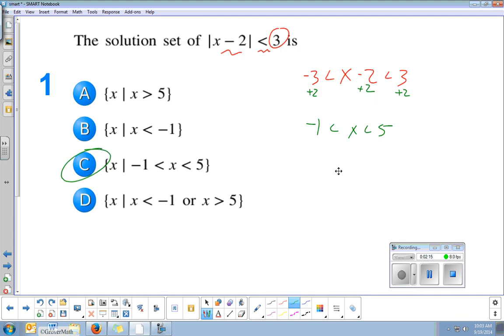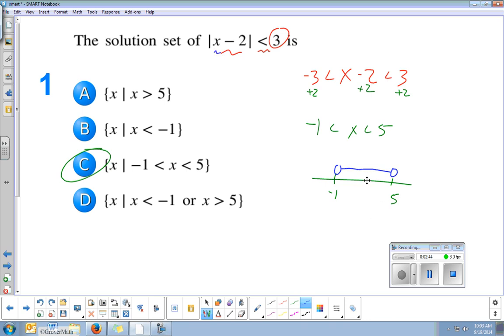If we were to graph this on a number line, negative 1 and 5 would be what we call critical numbers, and we'd have circles above them or on the line. I like to do it above, but some people do it on the line. And x is between negative 1 and 5, and what that means is we connect it with a bar. As far as solution set is concerned, what we're saying is every number between negative 1 and 5 works in here.